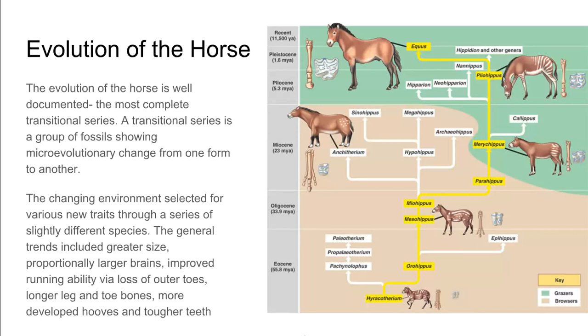The general trends included a greater size, proportionally larger brains, improved running ability via the loss of the outer toes, longer leg and toe bones, more developed hooves, and tougher teeth. We say that some of this evolutionary change, especially in the leg and the toe bones, was due to the changes in the geographical environment that meant that a foot with no outer toes and a longer leg meant that they could run better.